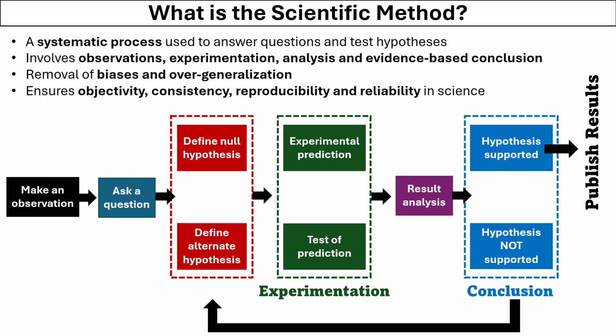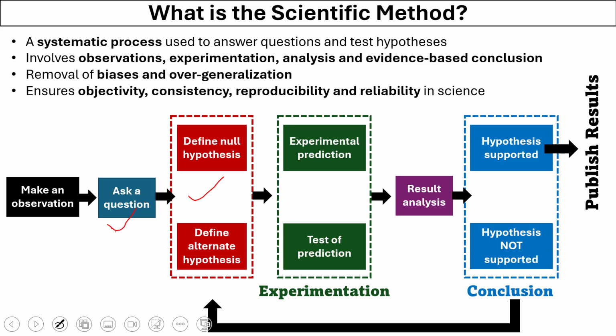So here is a flowchart that explains the steps of scientific method. You start by making some observations. Based on those observations, you have an inquisitive or curious approach towards it. You ask a question. Then you predict the answer, or predict what is the reasoning or explanation for that question. So you develop hypotheses.